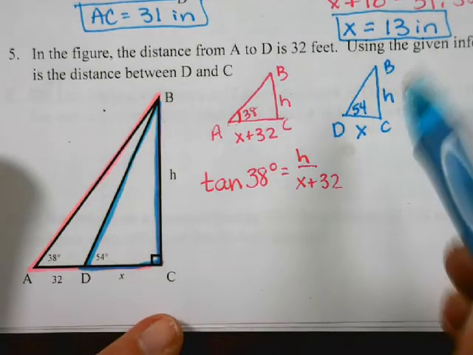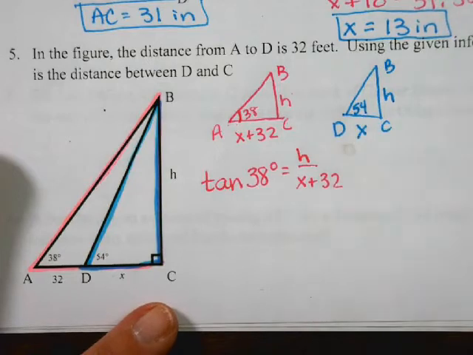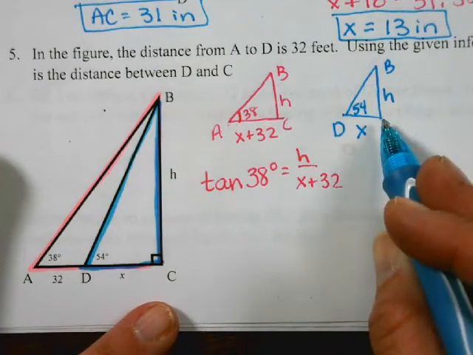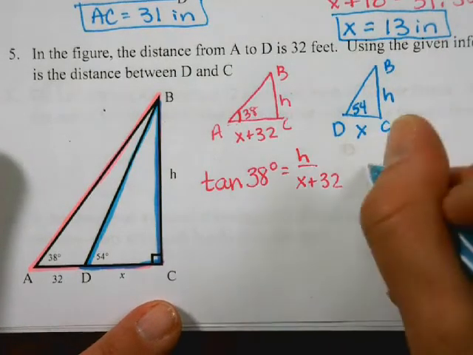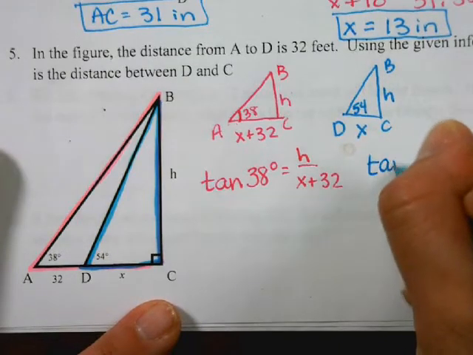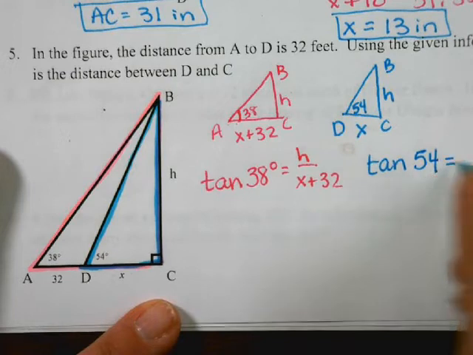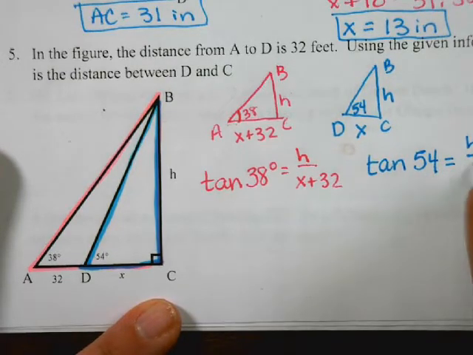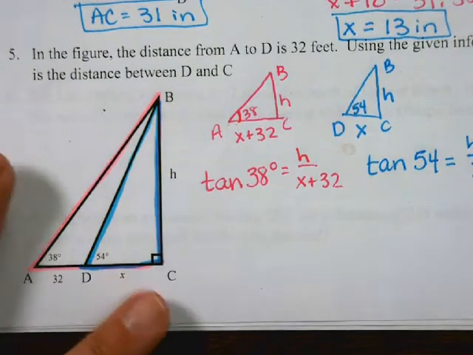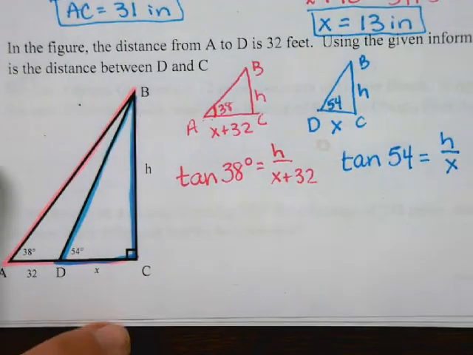Now I'm going to do that again with this guy right here. So my blue triangle, again, the tangent, I have opposite and adjacent of 54 degrees is equal to h over x.